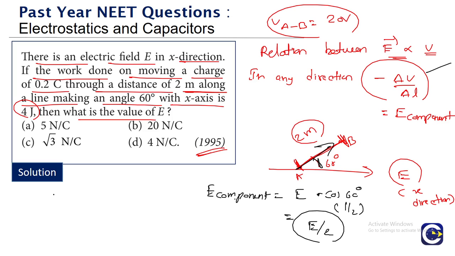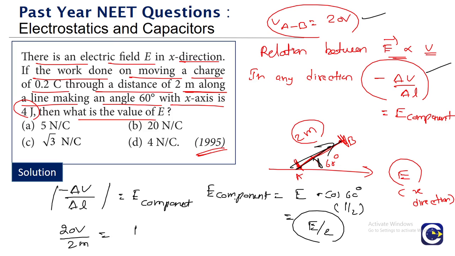Now just comparing the values, what do we have? If you take a modulus, because we are only looking at the values, that will give us the electric field component along that AB direction. Delta V is the change in potential or the potential difference, which is 20 volt, divided by the distance moved here, 2 meters.